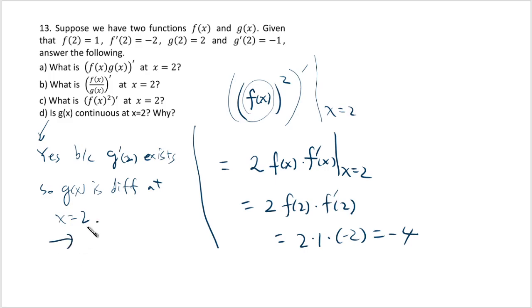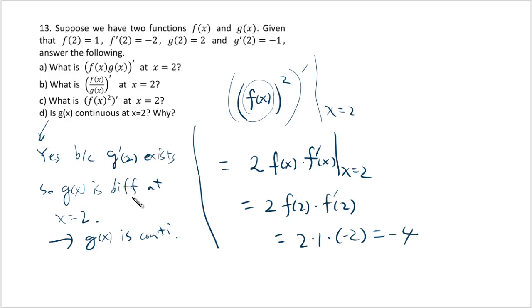Now, if a function is differentiable, then it has to be continuous. Any differentiable function is continuous. It's not true the opposite way. You can have a continuous function, but if you have a sharp turn, then it might not be differentiable. But if it's differentiable, we know that it has to be continuous.